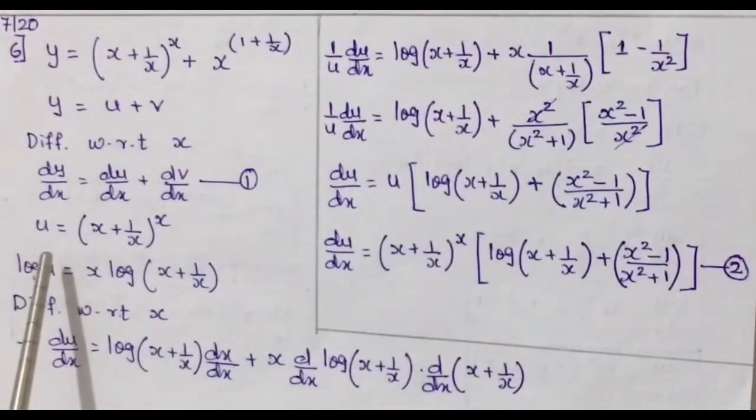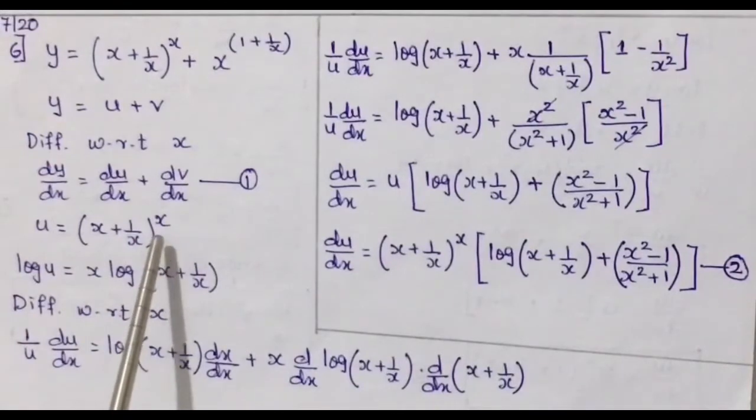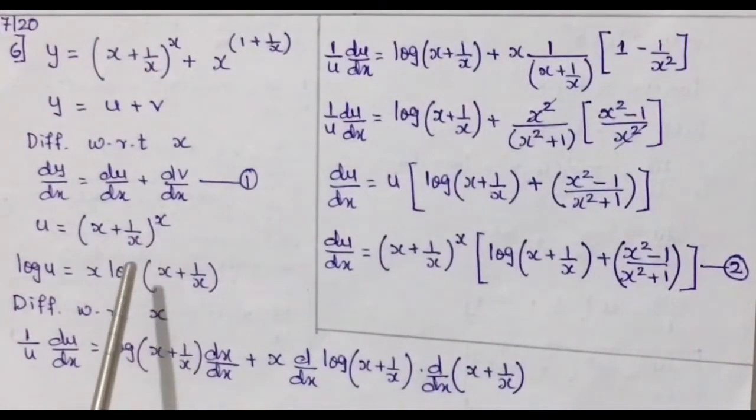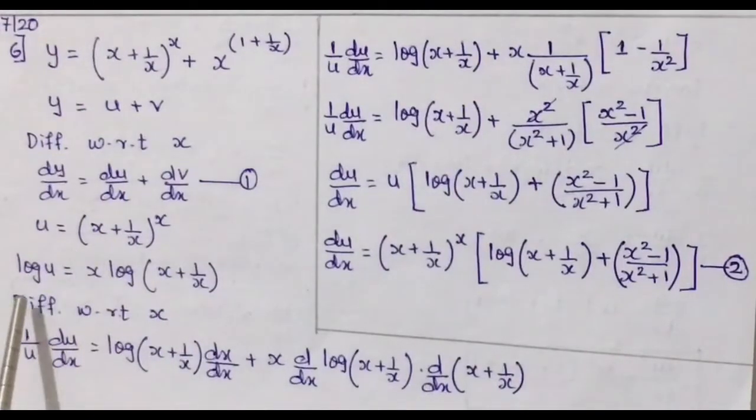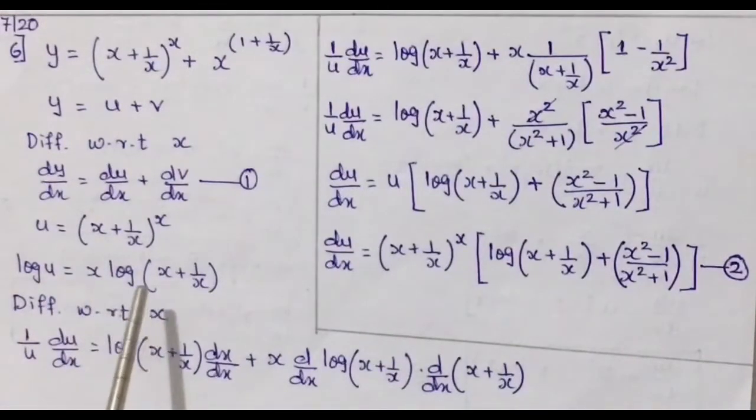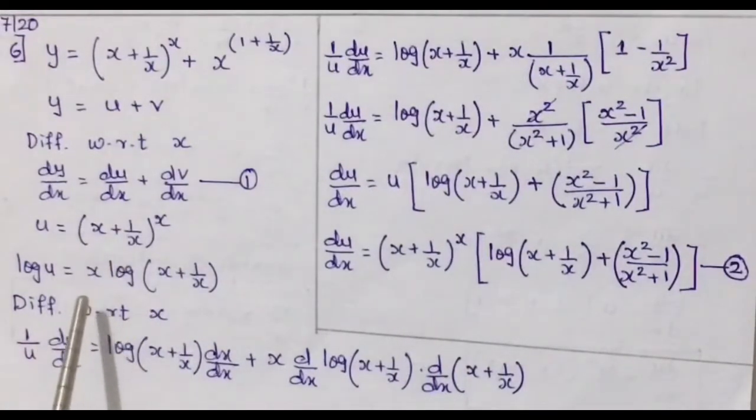As here the variable is in the power, to bring it down we will take log on both the sides. So we have log u is equal to x log (x plus 1 by x). The variable x comes down if we are taking log on both the sides.